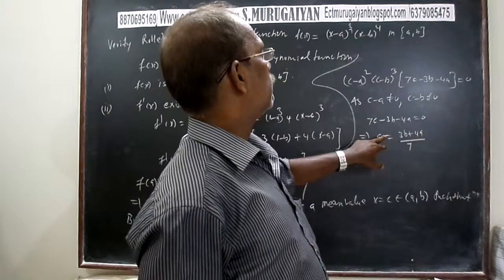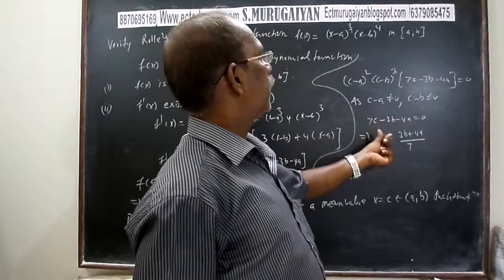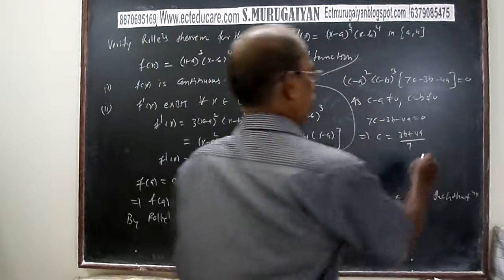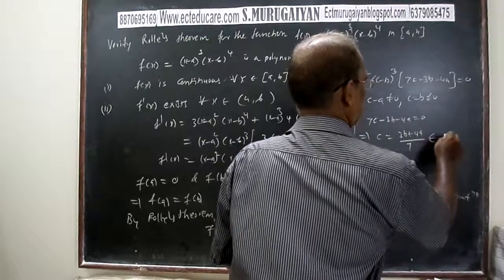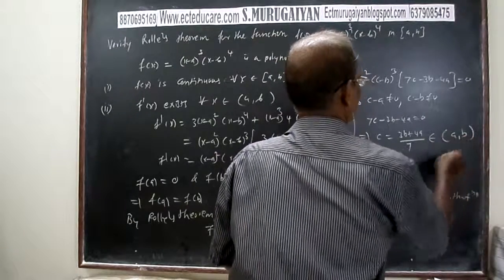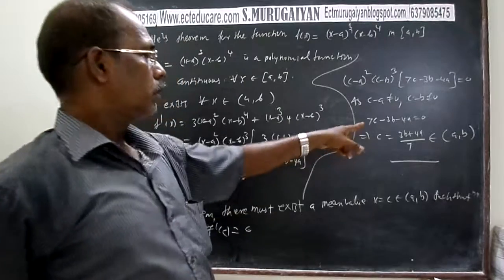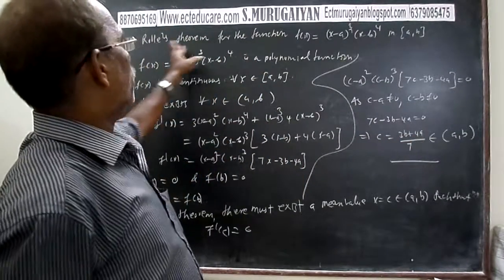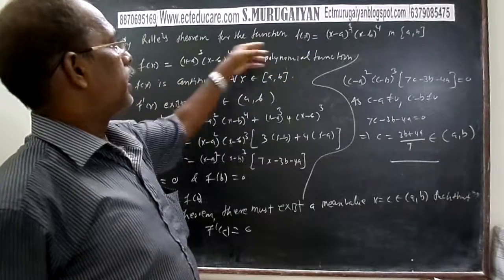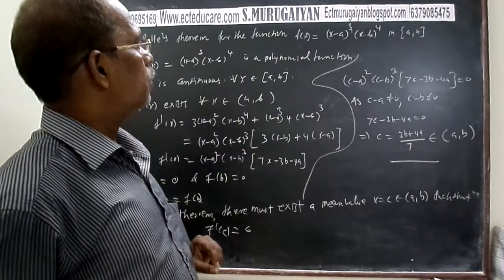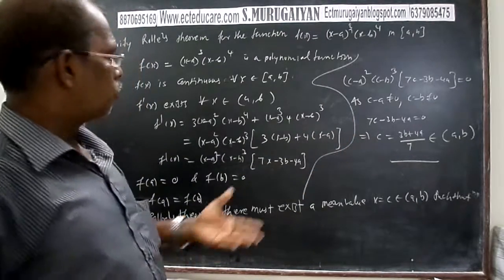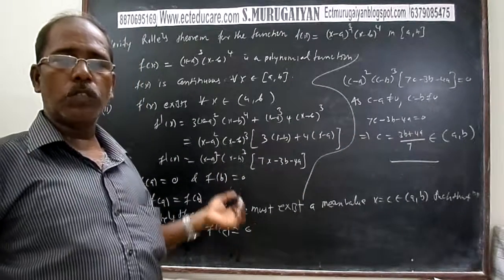So c is one of the mean values of the open interval a comma b, and definitely this belongs to the open interval a comma b. So when c equals (3b plus 4a) divided by 7, the function is verified for the statement of Rolle's theorem. Okay, this is the value of c. So dear student, keep watching this. We will discuss one more similar problem.